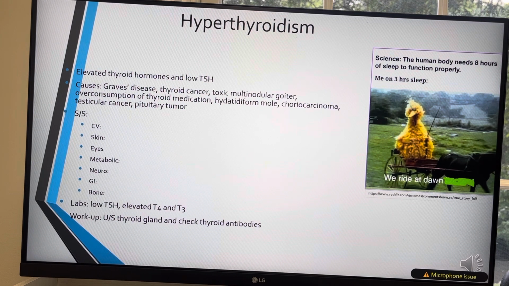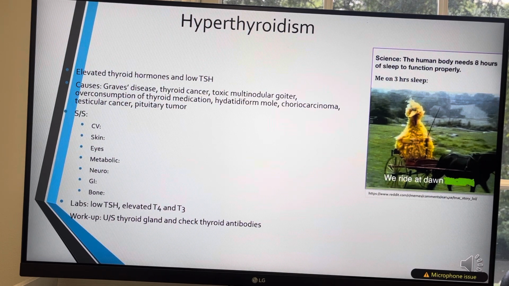Other conditions can cause euthyroid hyperthyroxinemia, such as hepatitis or steroid use, but there are going to be other signs and symptoms. For example, if the patient has hepatitis, what are the odds that it's going to be diagnosed off of a total T4 or T3? There's going to be other things. So I don't even have a slide on it. You don't have to worry about it for testing or anything like that. It just is out there.